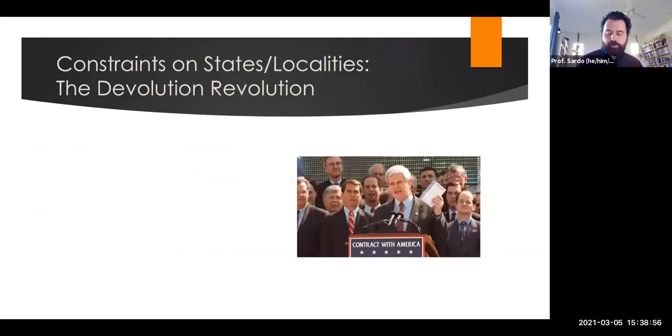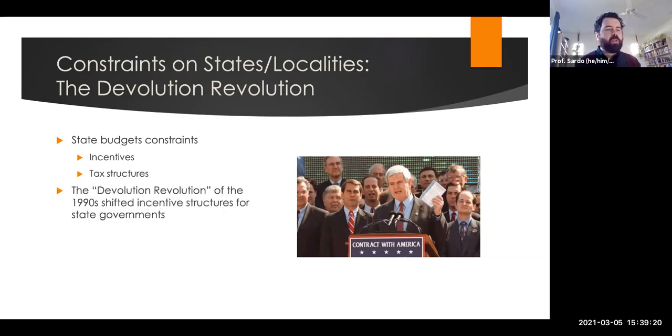So states in general, especially in a world after devolution, after the 90s and Newt Gingrich's Contract with America, have budgets that are far more constrained than the federal government. The balanced budget amendments and incentives to keep lower taxes mean that budgets at the state level are often tight, and states are dependent on federal grants, right?